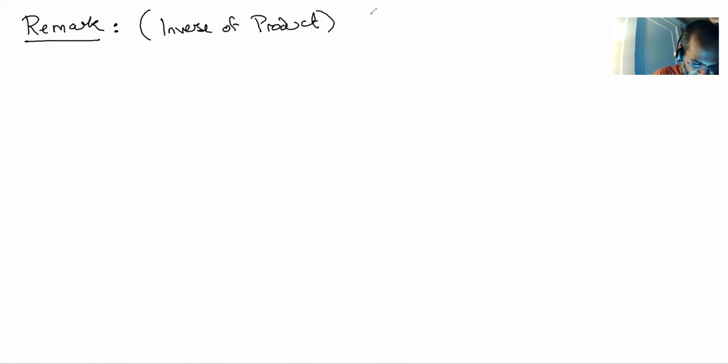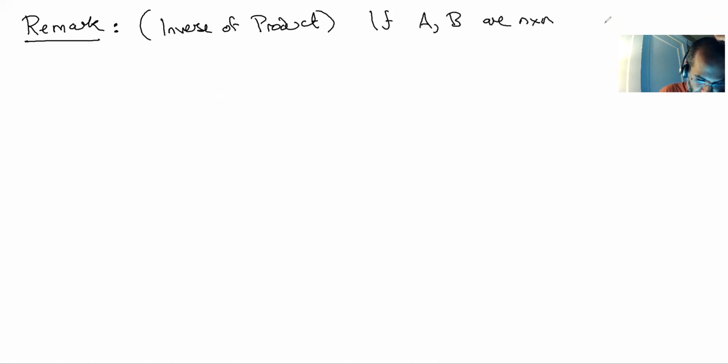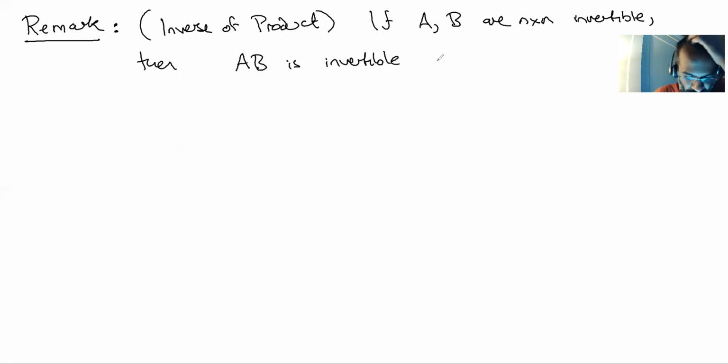So the remark is, if A and B are invertible, then the product is invertible. And the inverse of the product is the product of the inverses in the opposite order.